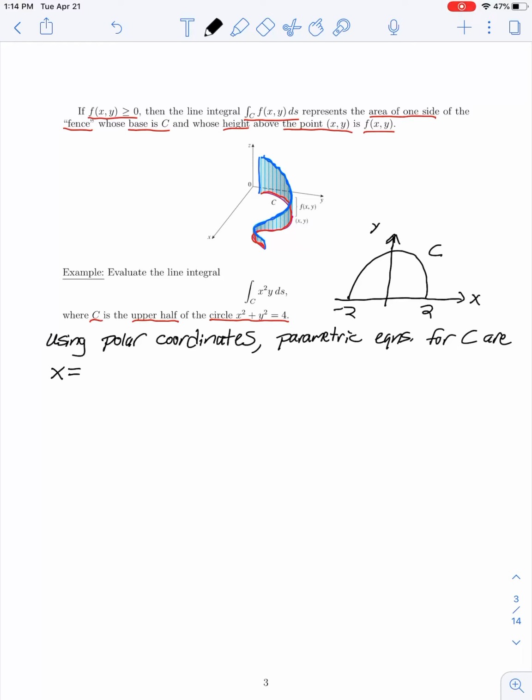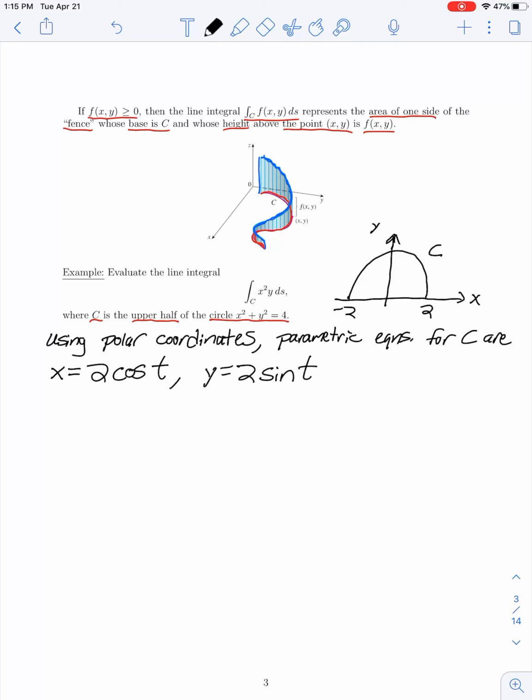For a circle of constant radius 2, I would have 2 times cosine of theta, or here I'm going to use cosine of t instead of theta, so that I'm consistent with the notation I'm using throughout this theorem. And my y coordinate would be given by 2 times sine of theta, or 2 times sine of t.